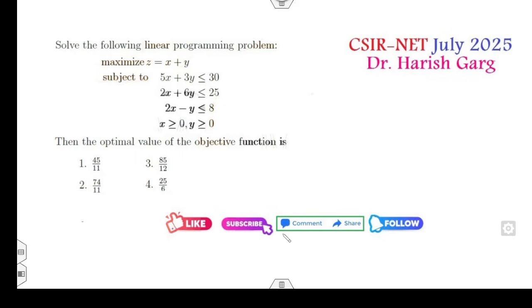Okay, look at the next one. It is a July 2025 question: maximize x plus y, with constraints of less than or equal to sign. I will tell you two different methods. If you simply add them, what will happen? 9x plus 8y is less than or equal to 63.